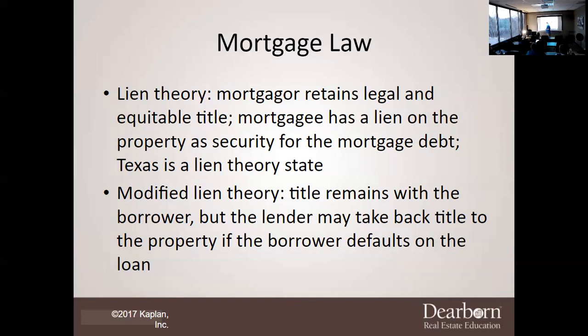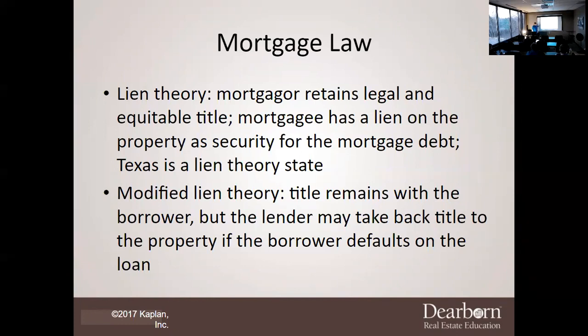So in this situation, you're going to have this different viewpoint, where the mortgagor, the buyer, will retain both legal and equitable interests, but the lender will hold the security against the home in case the mortgagor fails to pay. Okay, so you have to remember that Texas is a lien theory state.